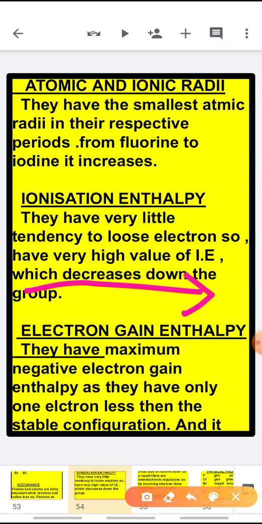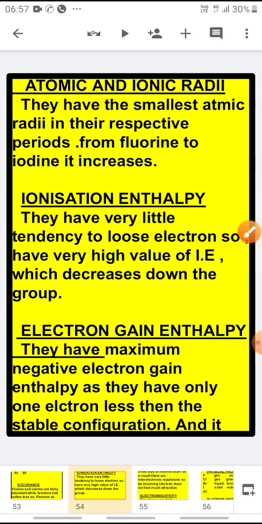Now fluorine, chlorine, bromine, iodine are present at this corner. So they have the smallest atomic radii in their respective period. From fluorine to iodine it increases, but here they have the smallest atomic and ionic radii in their respective periods.